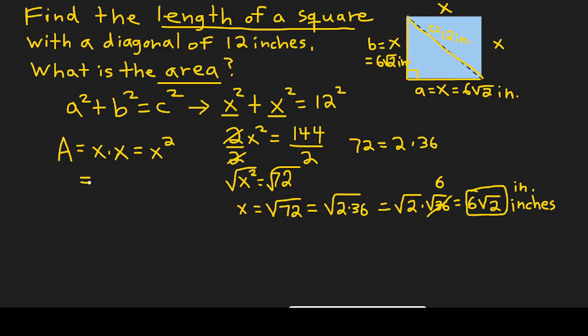And so we're just basically going to take the value 6 times the square root of 2, and square that. We'll multiply each number and square it separately. So we're going to do 6 times 6, or 6 squared, times the square root of 2, all of that squared.